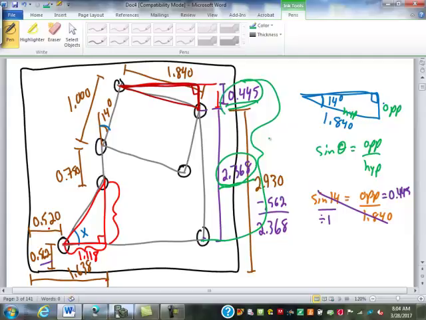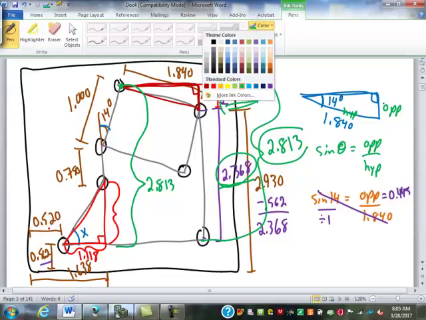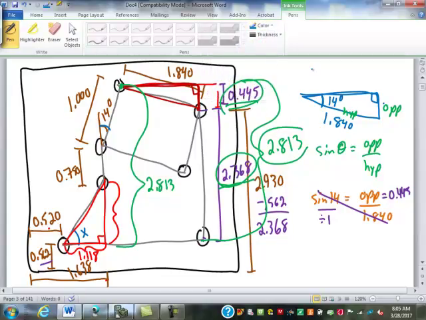Adding those two, 2.813 is that overall height. That would be the height from here all the way down to there. Questions on that so far? That's why I had to find this height, to get that extra height up to there.